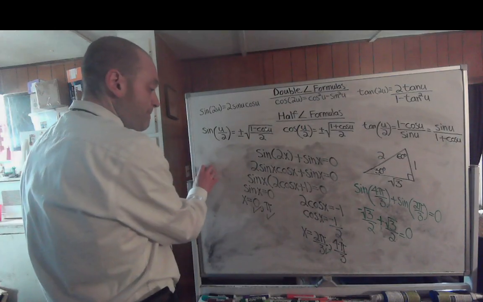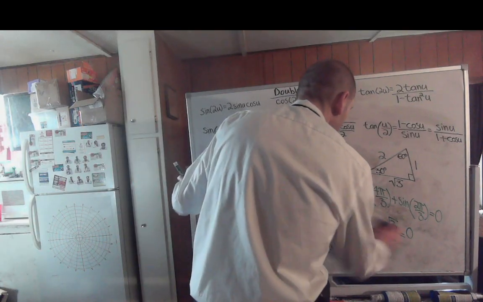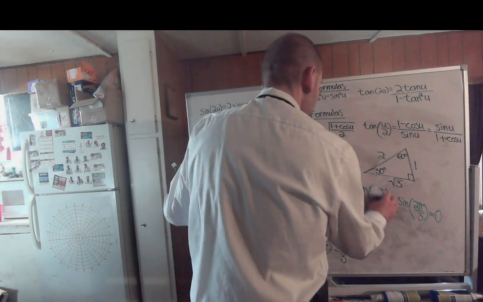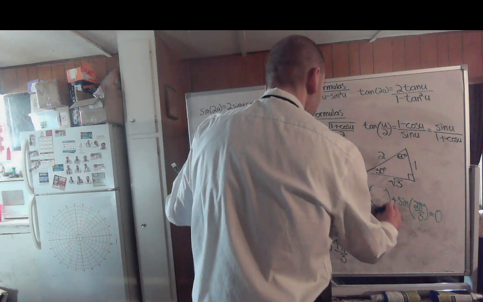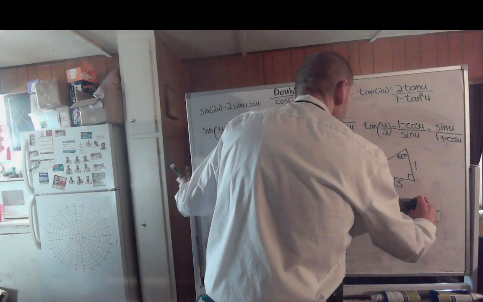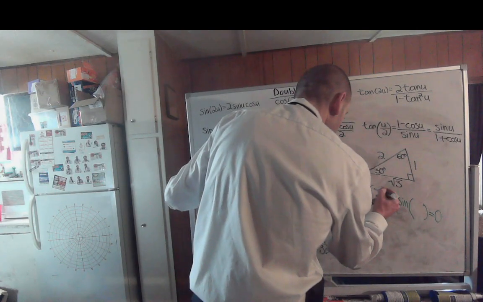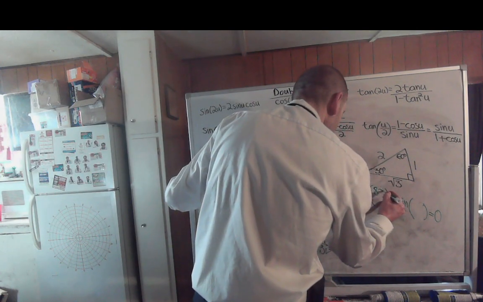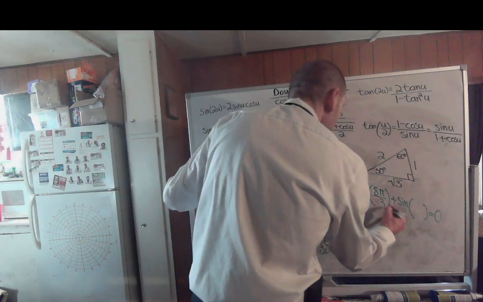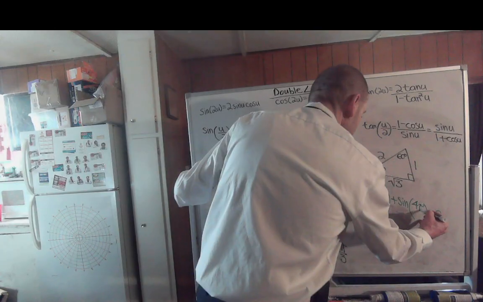Now, what about if we put in 4 pi over 3? So what is 2 times 4 pi over 3? That's 8 pi over 3. And then you'd have the sine of 8 pi over 3 plus the sine of 4 pi over 3.